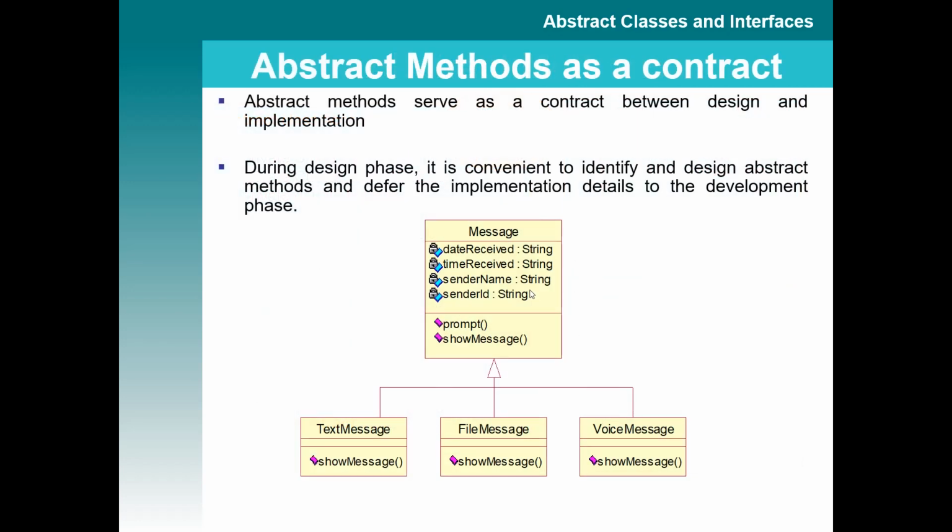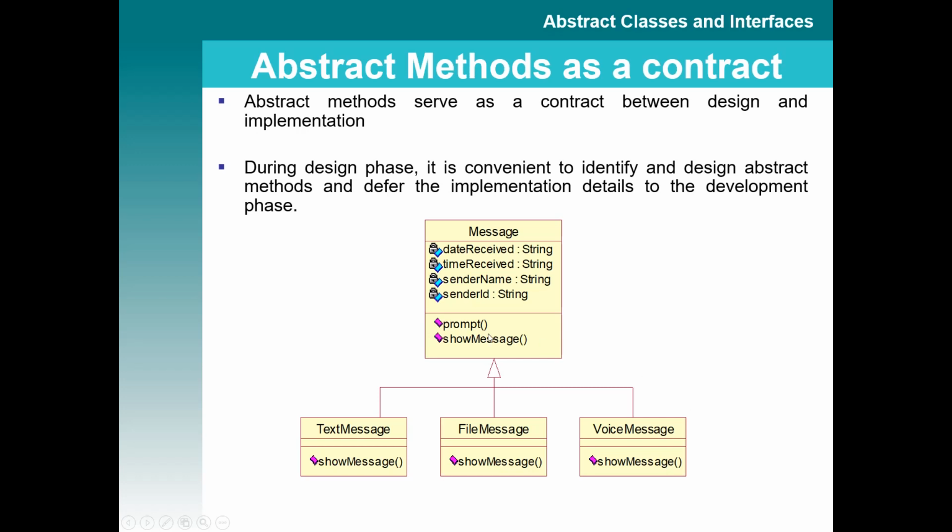Another example could be the instant messaging apps we all use, such as WhatsApp and Viber. To capture the commonalities of all messages that are received in that app, we can create an abstraction, an abstract base class called message. But how to render a message? The specific logic for rendering a text message is different from the logic involved in rendering a file message versus that of an audio message.